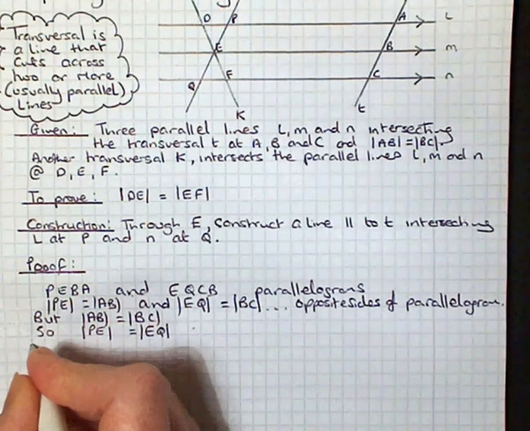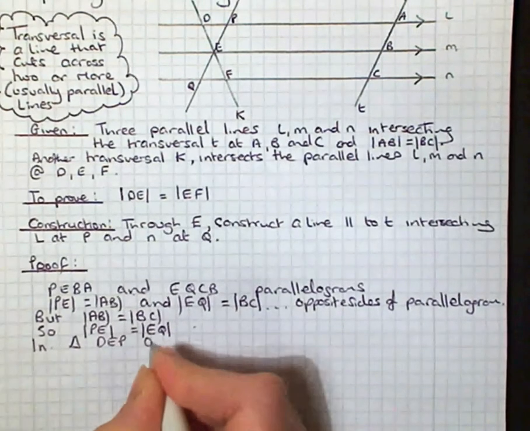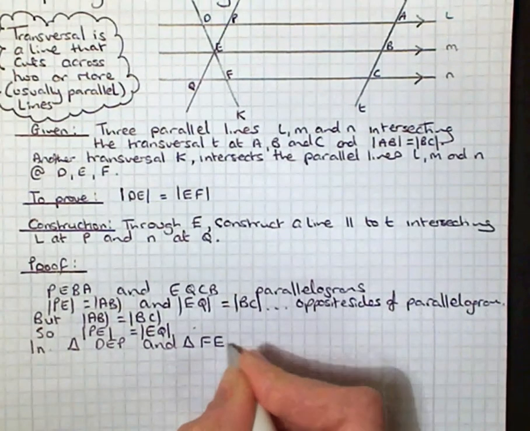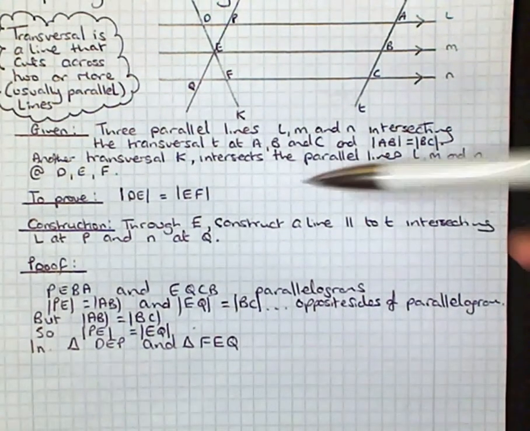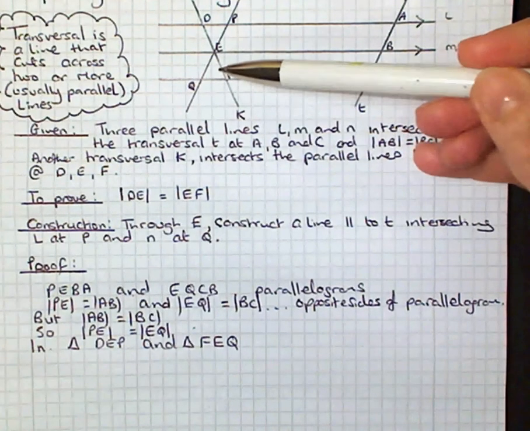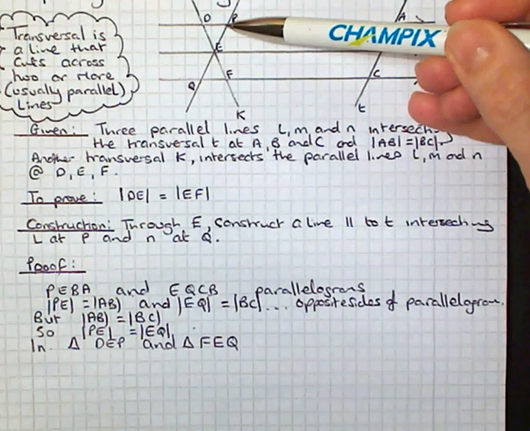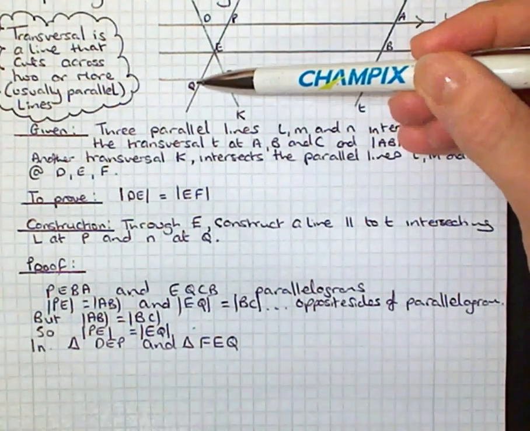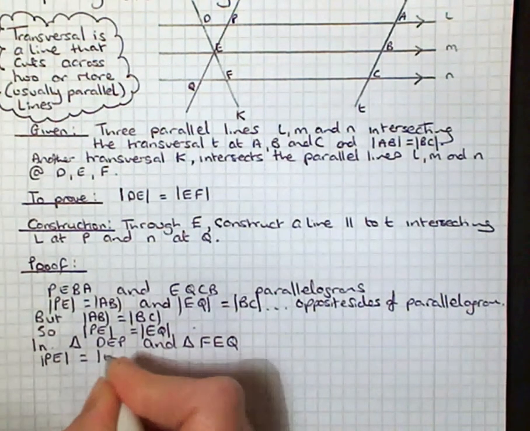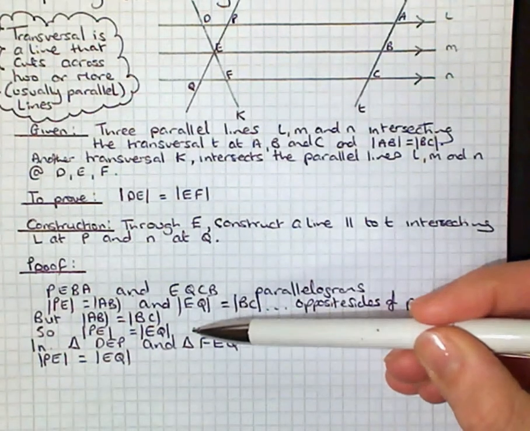So in triangle DEP and triangle FEQ, the first thing that I can state, because I just proved it in the last part, is that PE is equal to EQ, because it was proven above using the parallelograms.